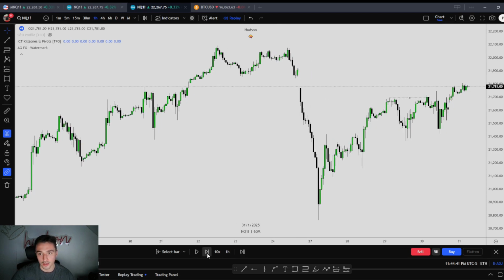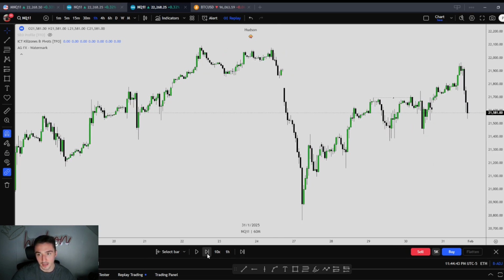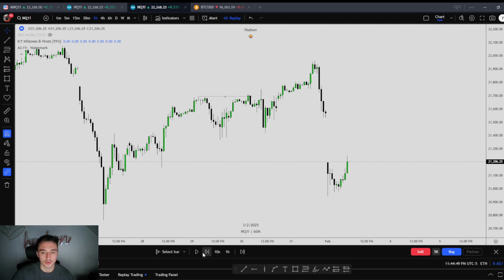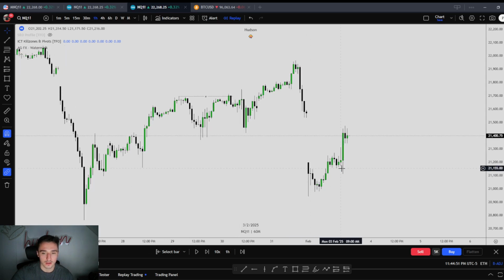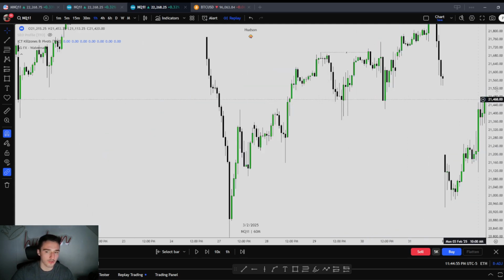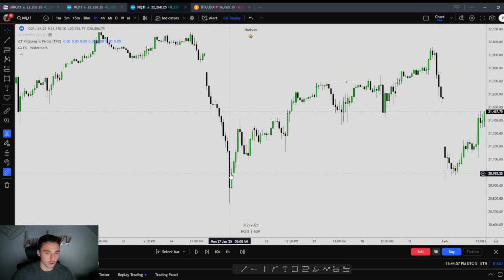Now let's go to the next day for the last example. Maybe we'll do this day as well. Okay, so this day. What have we been doing all week? Monday made low of week, comes down at 5 in the morning, reversal, trending up the entire week.